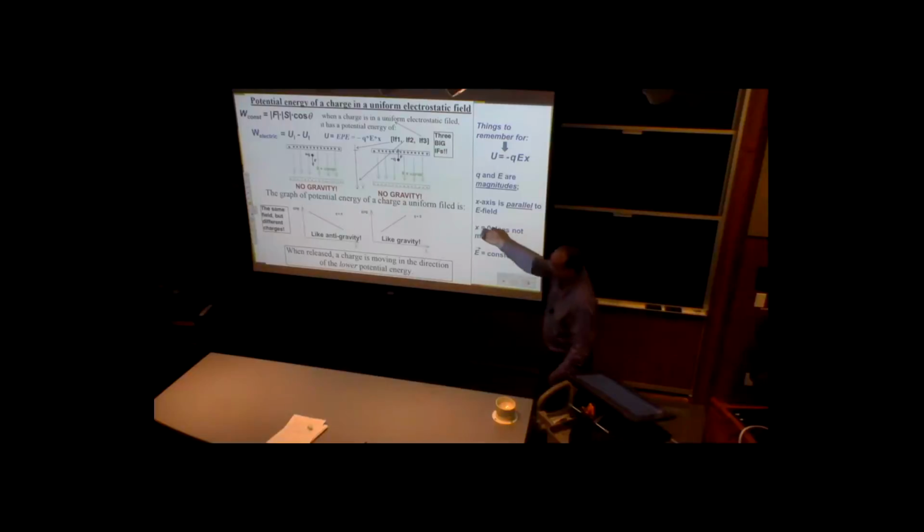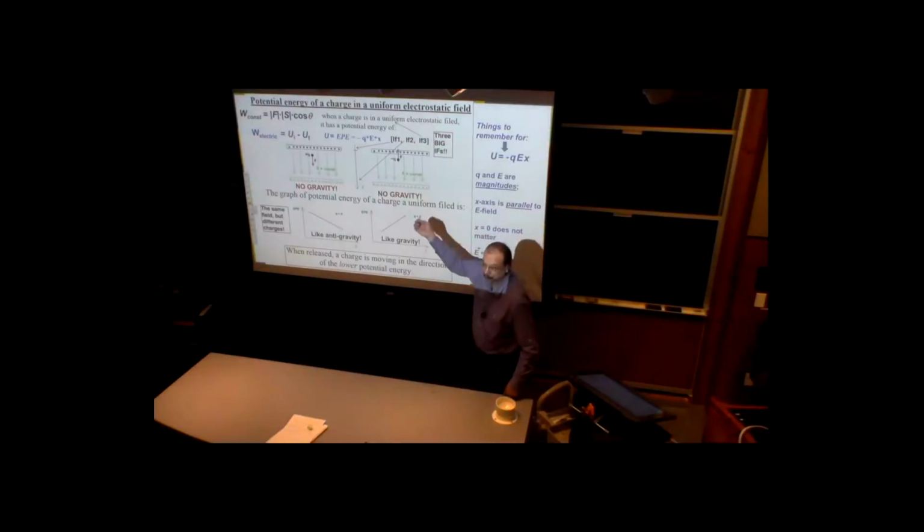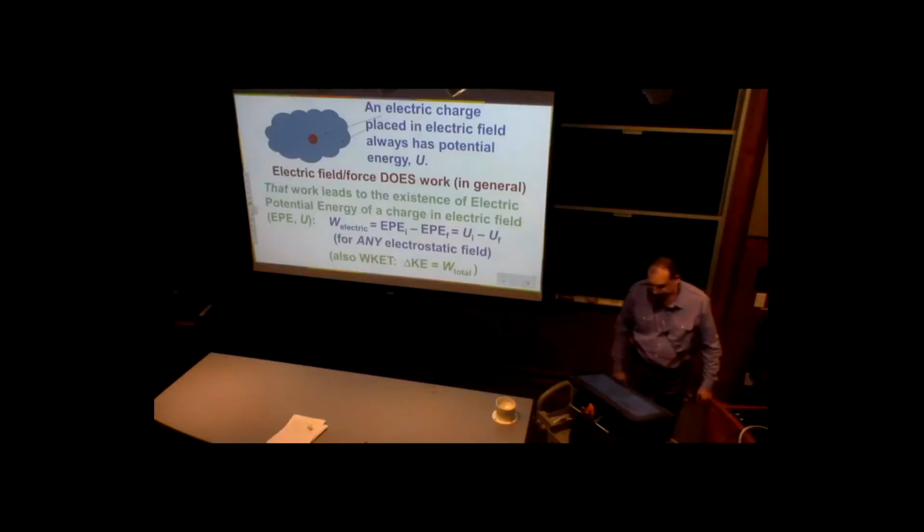This picture shows what would be happening with a negative charge. Of course, it would be traveling in the opposite direction, but if released from rest, it would be speeding up. Kinetic energy would increase, work would have been done. So, what's to remember?